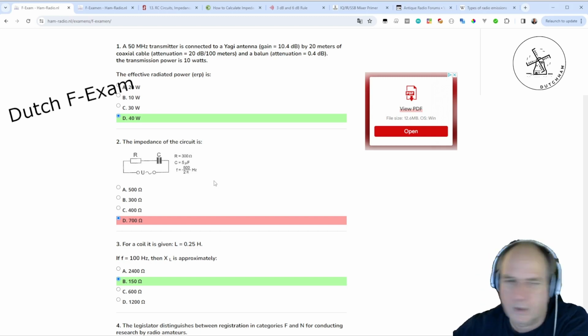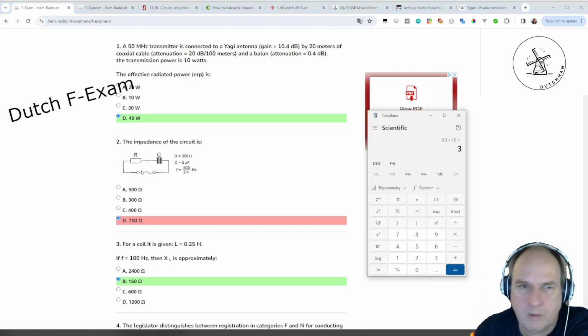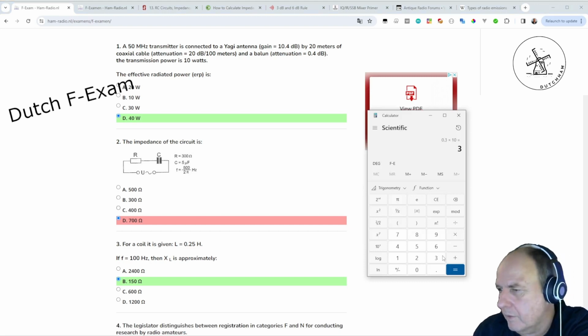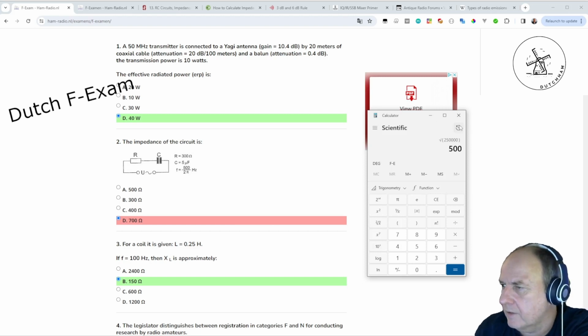Let me use the calculator again, it's quicker. 300 squared plus 400 squared, so it's answer A, 500. So this should have been answer A instead of D.